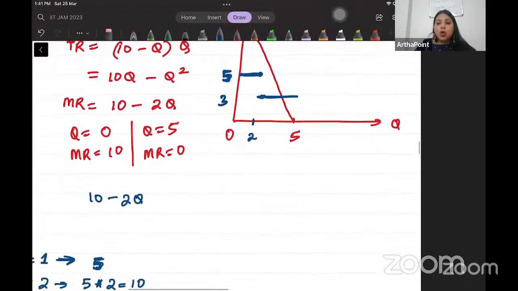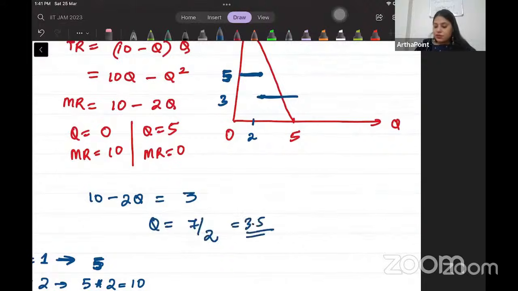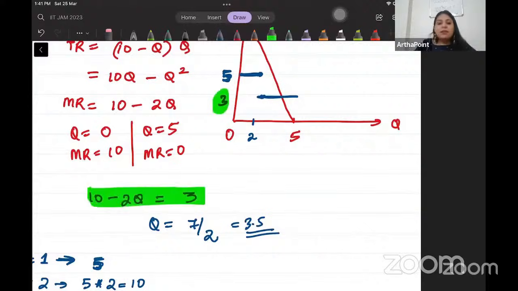If I equate this to 3, I will get the answer as 7 by 2, which is 3.5. But in this case, I need to consider this carefully.